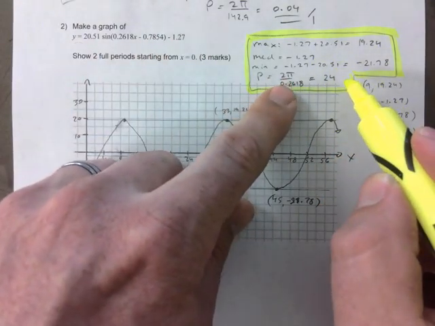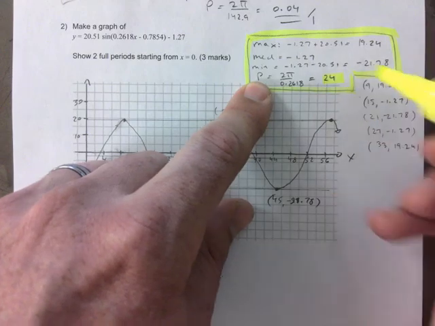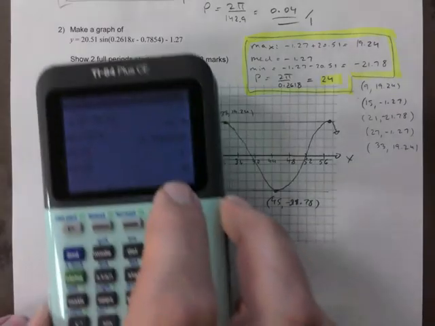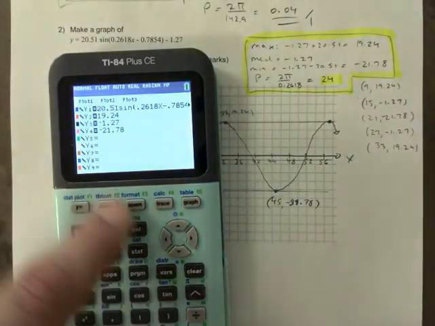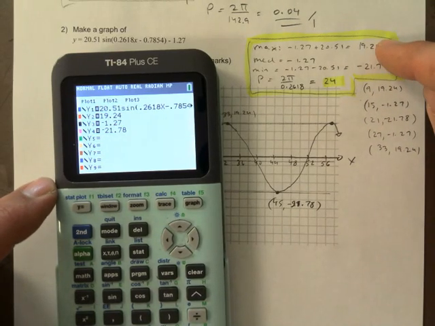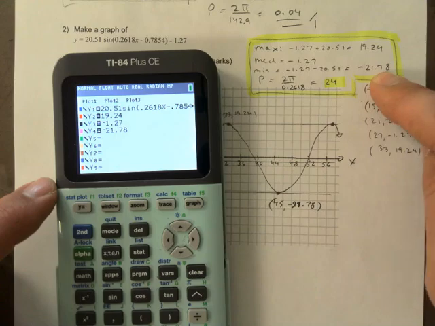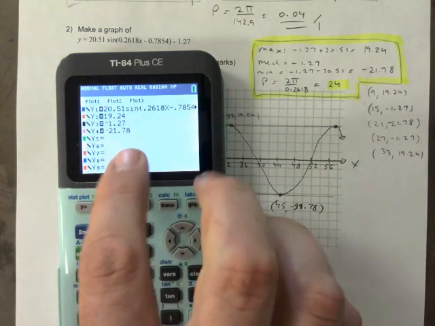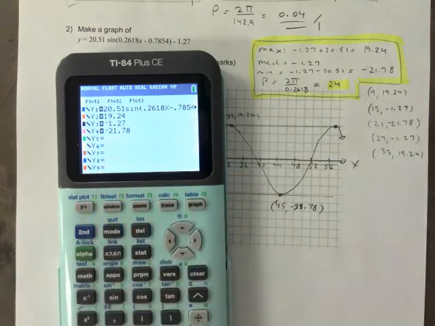I also find the period, because I need to know what my x max should be. You enter this into your calculator, and I always put the max, the mid, and the min in my y2, y3, y4. Not always. I will show you a different way of doing it as well.